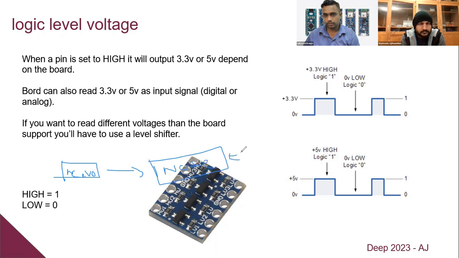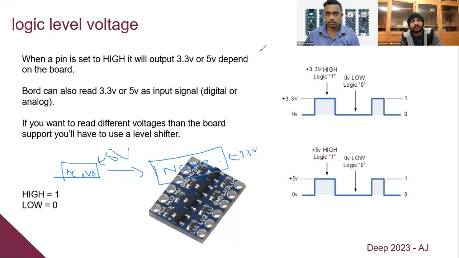This one operates at 3.3 volts. This one operates at 5 volts. If we connect this 5 volt to this one, this board will get damaged, because 5 volts is higher than 3.3 volts.